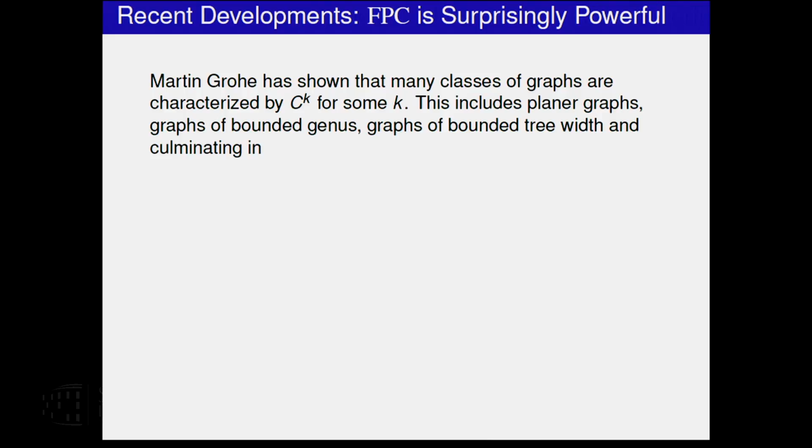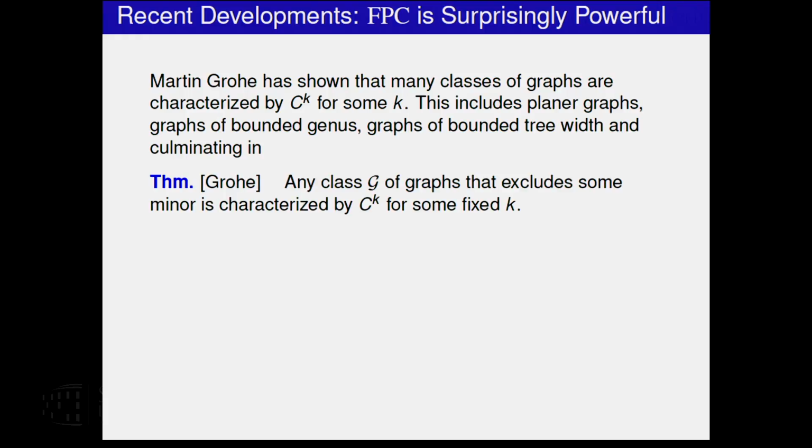And then he and his students proved a few more things, and finally they proved that for huge classes of graphs, any class of graphs that excludes a minor is characterized by Ck for some k. So fixed point with counting is very, very good. It captures polynomial time on any such class of graphs. Any graph with a bounded genus, any graph with bounded degree, and any graph with bounded tree width, and so on. So quite amazing.